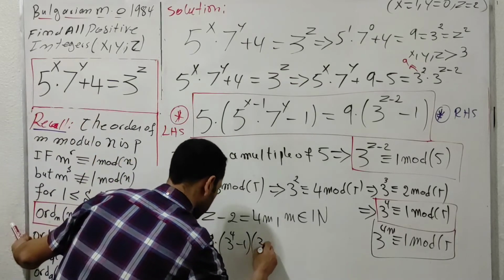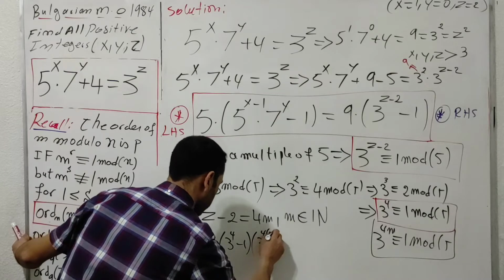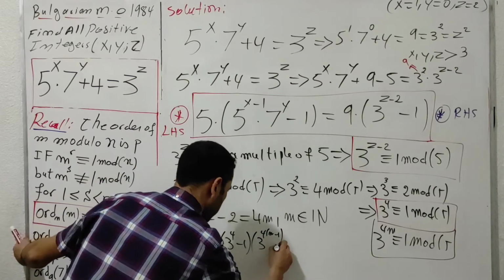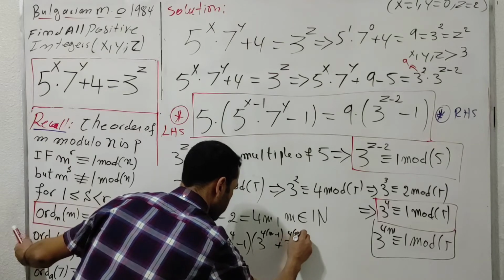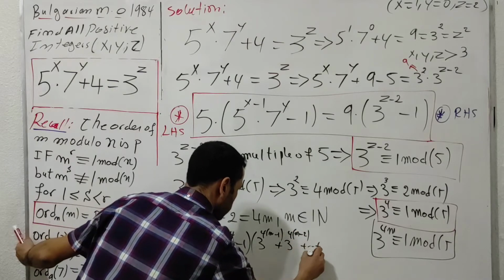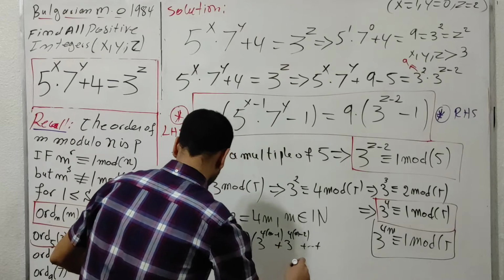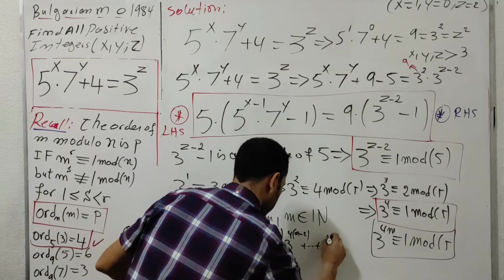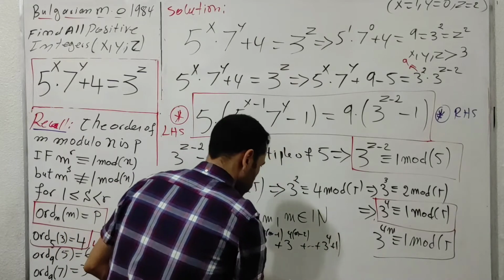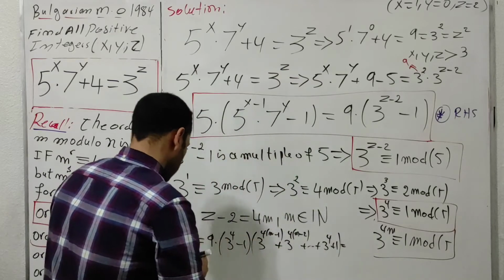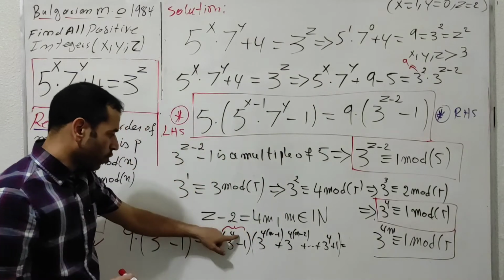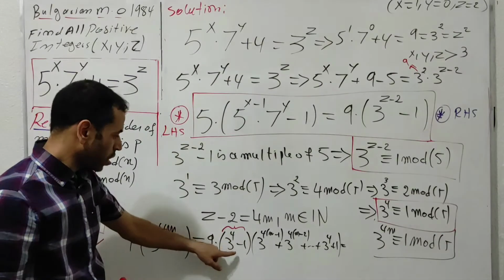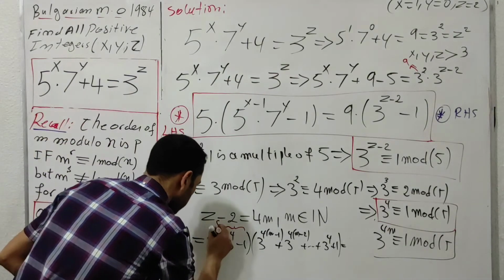I will get 3 to the 4(m minus 1) plus the second term, 3 to the 4 multiplied by (m minus 2), and so on and so forth, until you get 3 to the 4th plus 1. Now, 3 to the 4th is 81. 81 minus 1 is 80.